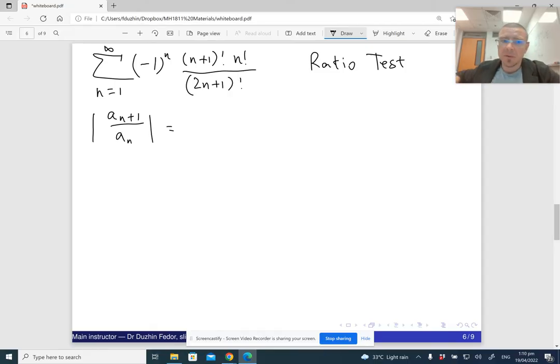So which means, well, the absolute value basically kills the negative 1 to the n. Then a_(n+1) is the same formula, only instead of n, I should write n plus 1.